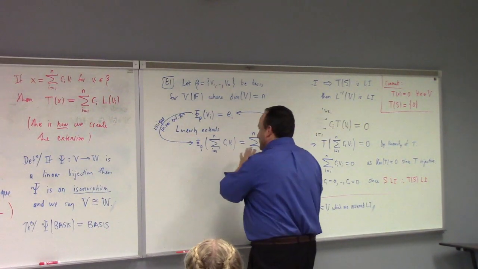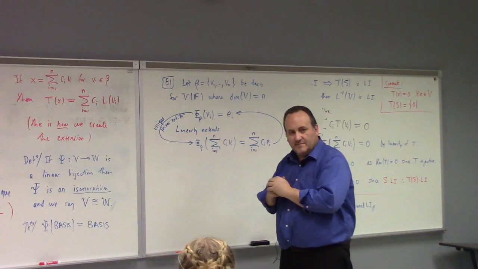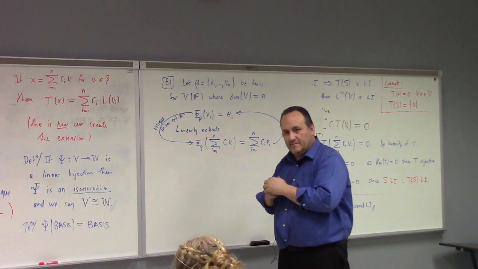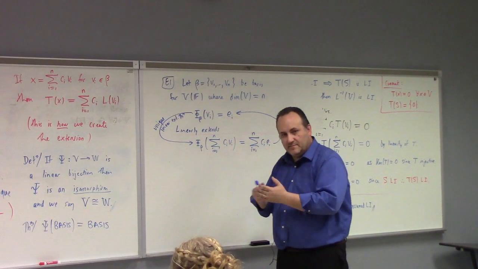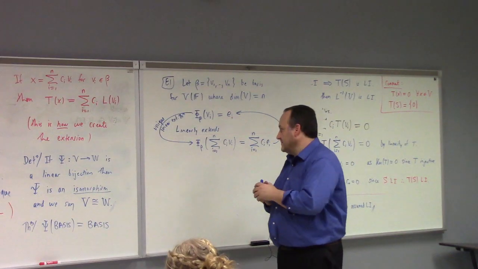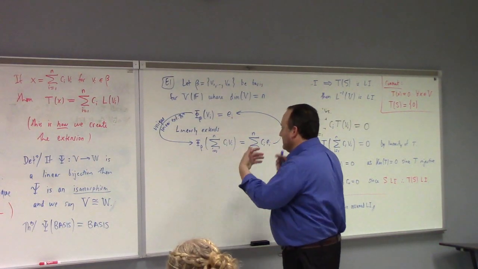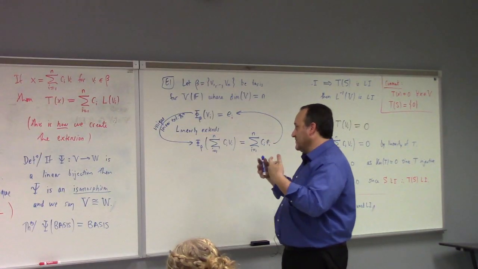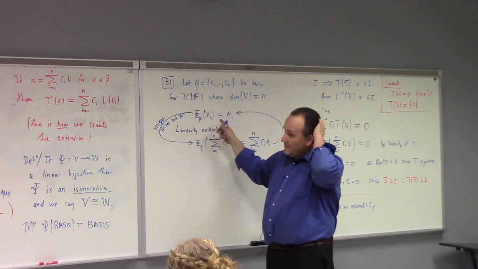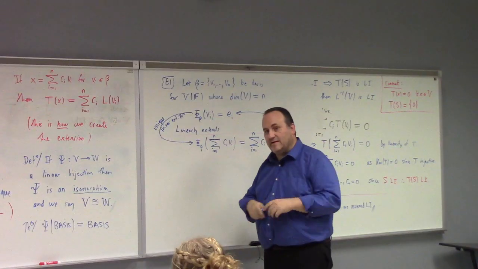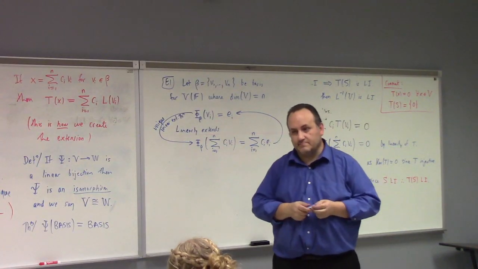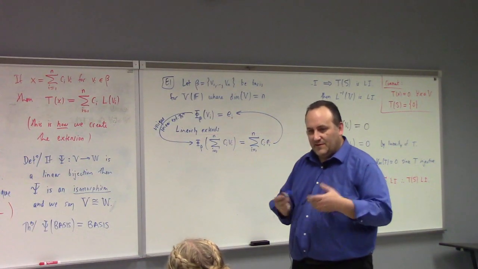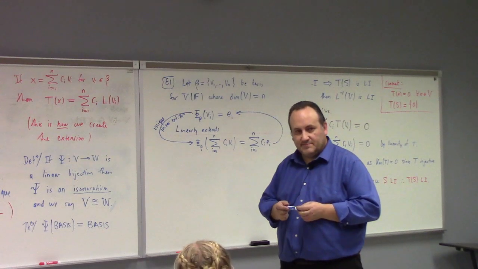But if it's mapping to the basis, it's surjective, right? Anyway, if you work through this, all I'm trying to say is that if we put all our ducks in a row, we'll be able to prove that if we map a basis to a basis and then linearly extend, that's automatically an isomorphism. This is how I usually build isomorphisms.